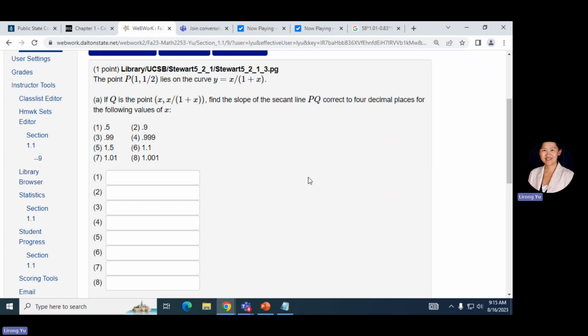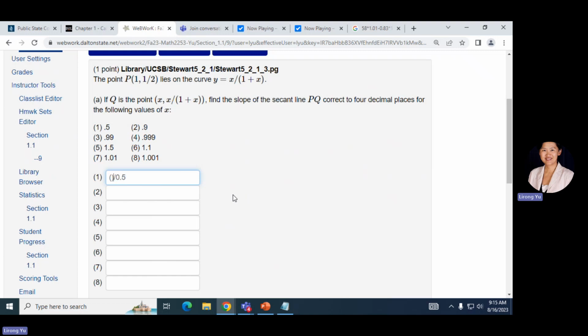This is calculating the slope, so P is already given, Q is the one that you have to calculate. If you're using the first one, this is 0.5, this is 1, so 1 minus 0.5 is 0.5 in the denominator. And the numerator should be the subtraction of the y values.